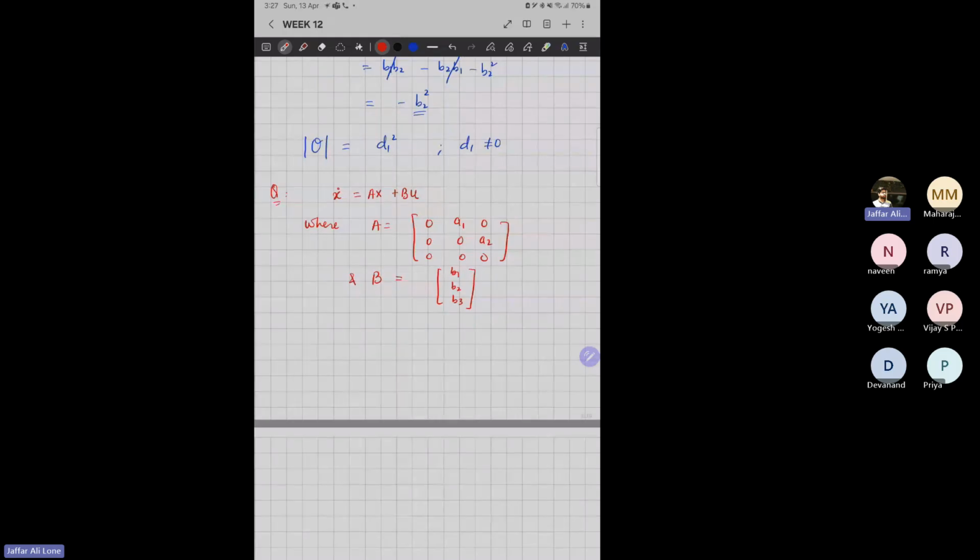Now the question is: the minimum number of non-zero elements in matrix B such that the above system is controllable.